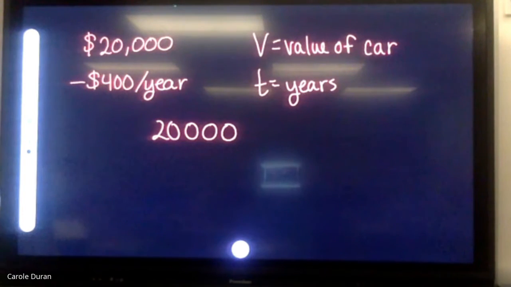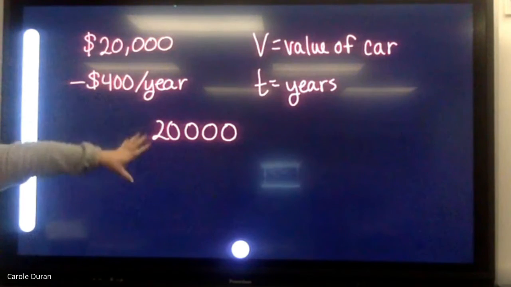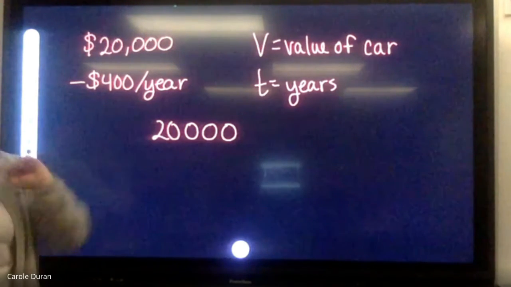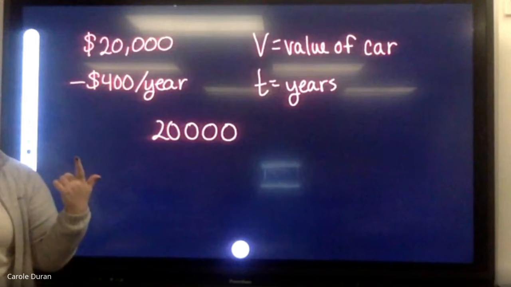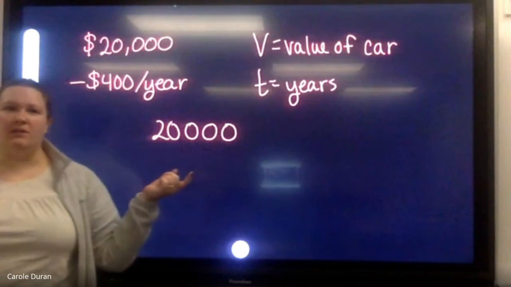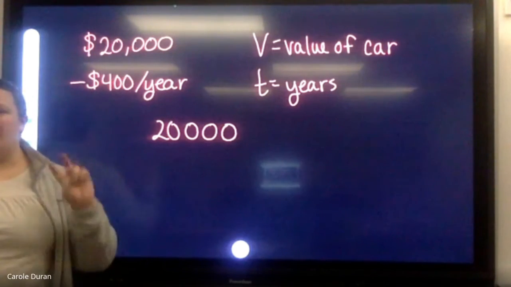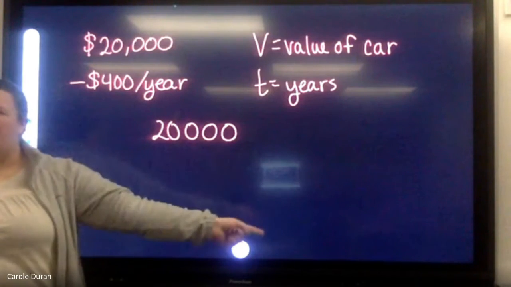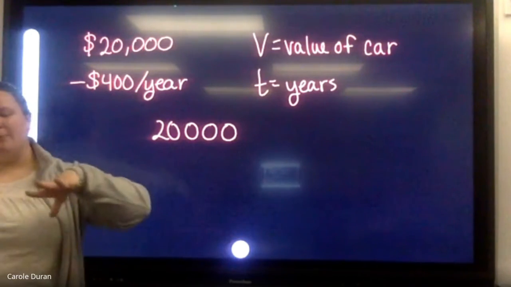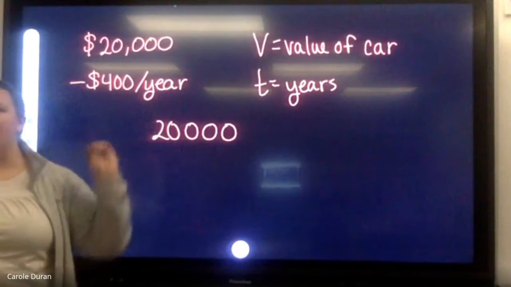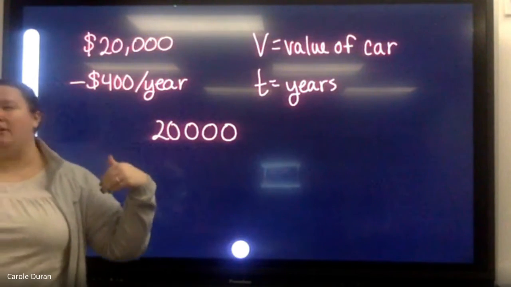Okay, Miguel just told us what it is. If I start with $20,000 and I'm trying to find how much it's worth after 1 year, I just subtract 400. After 2 years, I subtract 400 twice. After 3 years, I subtract 400 3 times. Are we seeing the pattern here?